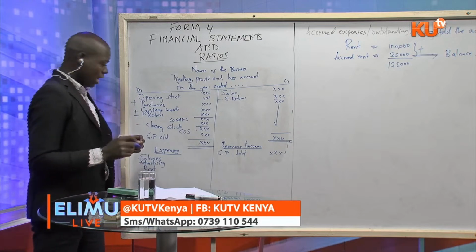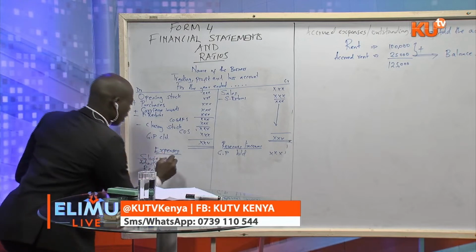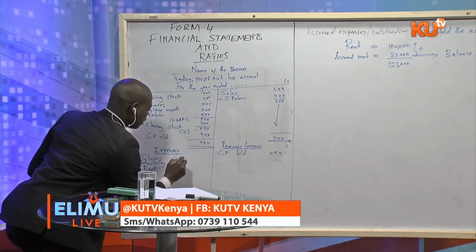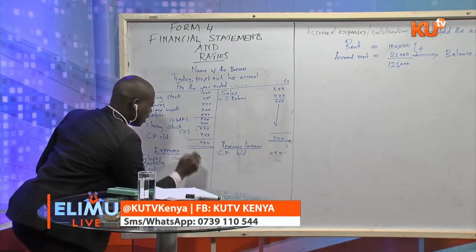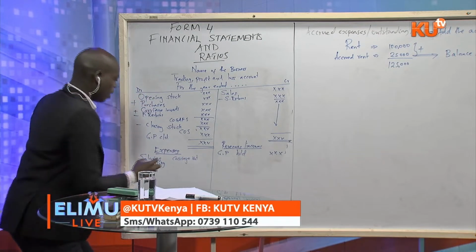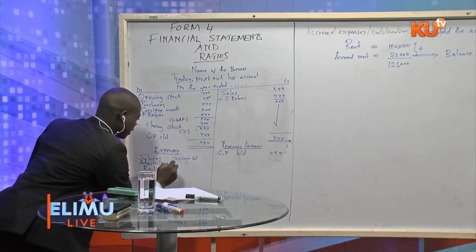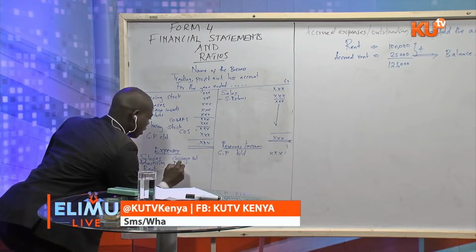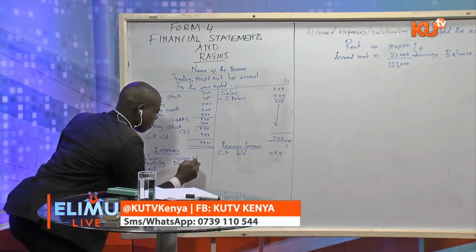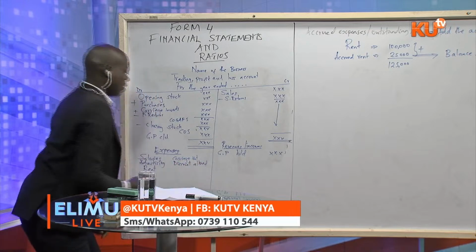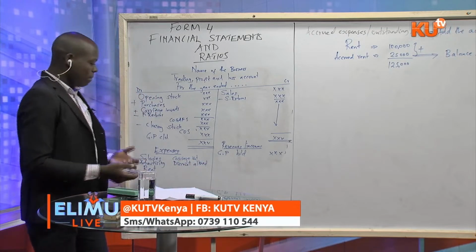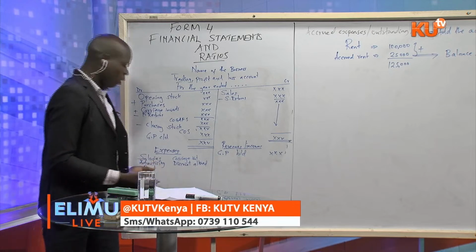But more importantly, you need to understand carriage outward, which is an expense. Then we have discount allowed as an expense, plus so many other expenses that we can think of.